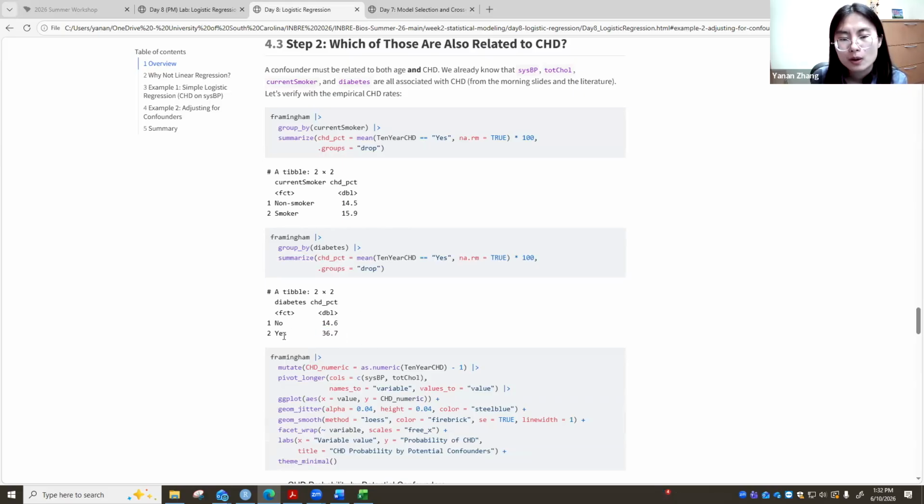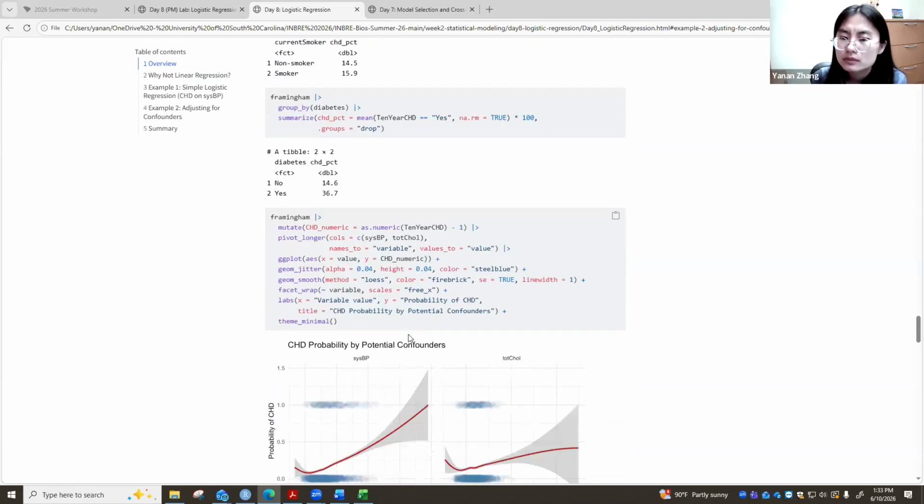For people with diabetes, about 37% probability compared to 15% for people without diabetes. Definitely diabetes is related to coronary heart disease. How about the continuous variables we selected in the first step, which are systolic blood pressure and total cholesterol level?